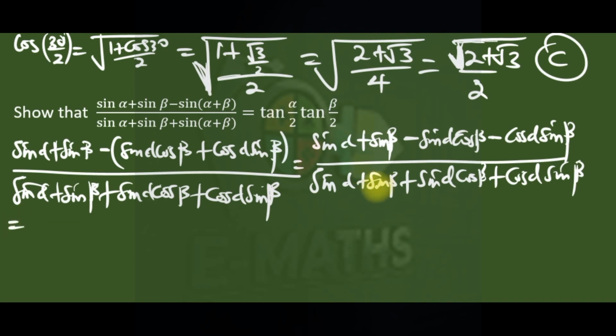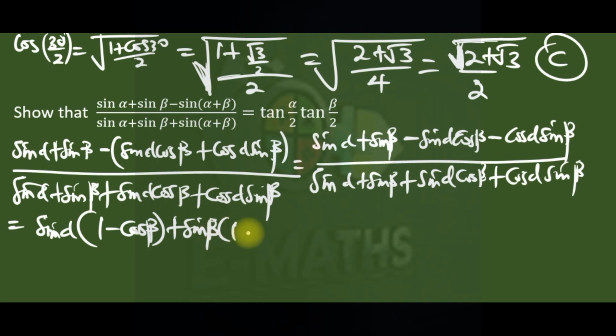So the next thing is to collect, as you can see, we'll factor this and this. If I factor sine alpha, I'm left with 1 minus cos beta. Both have sine alpha as a factor, plus this and this have sine beta, so I have plus sine beta times 1 minus cos alpha.